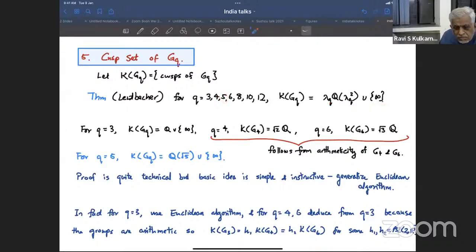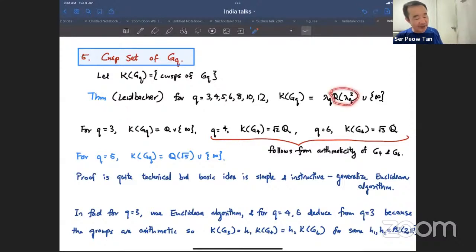For 5, lambda squared is equal to lambda plus 1, so Q adjoin lambda squared is just Q adjoin lambda, and when you multiply by lambda in front, this is still Q adjoin lambda. And so we get all of Q adjoin root 5 union infinity.